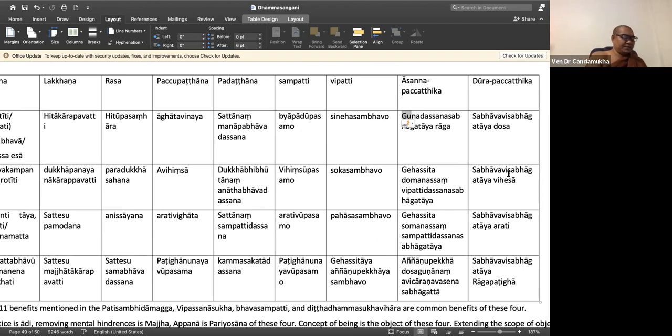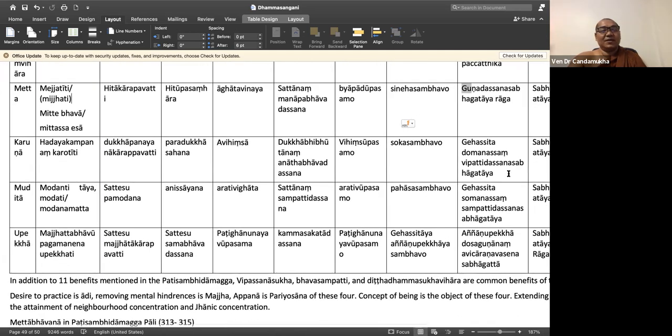Vihesa is the distant enemy of karuna, just as vihesa is for mudita. Vihimsa upasamo karuna. Vihimsa is torturing other beings. Torture and karuna are very opposite. They are naturally opposite. That's why torture is the distinct enemy of karuna.